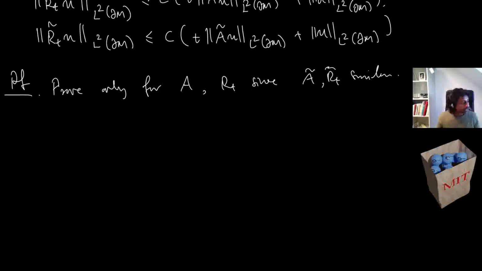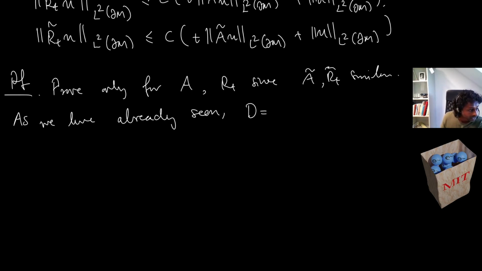Okay. All right. So let's think about the proof. As we have already seen, what have we already seen? We've already seen that we can write this as partial t plus some, say, X_t, right? So we've already written this out.